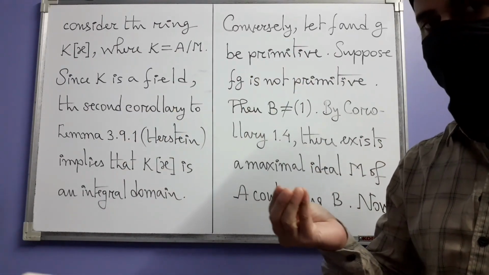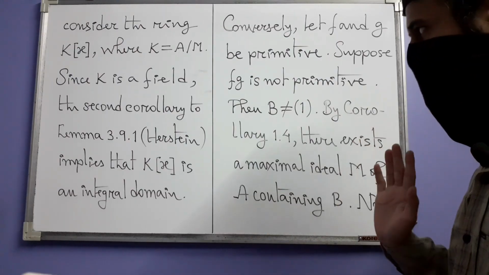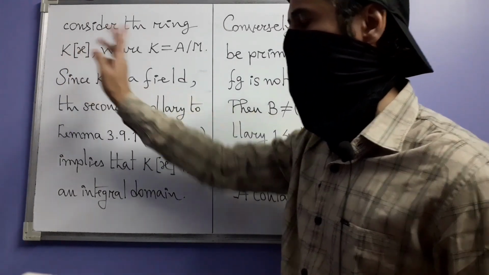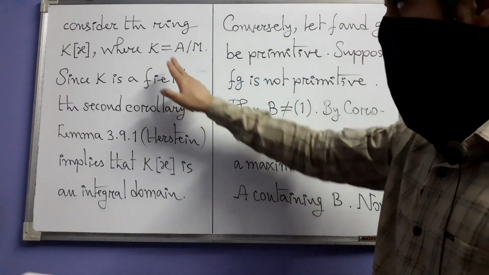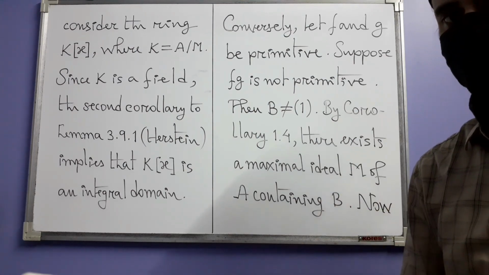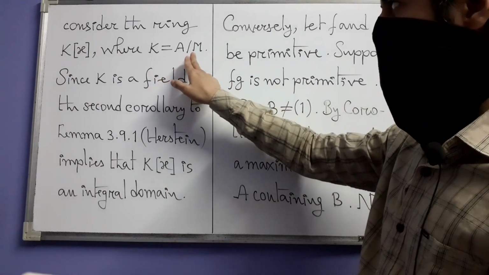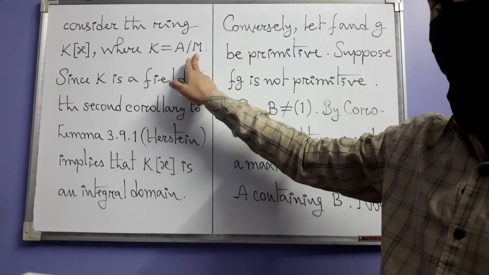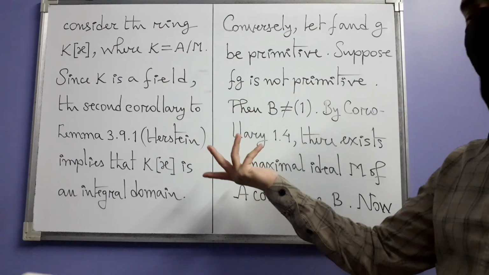Okay, you go through the small changes and see that it really works. The point now is that K[x] is an integral domain, and K is this quotient ring, and that's why it's a field. Note also that the elements in K are the cosets of the ideal M by elements of A. Alright, what are we now going to do with this?